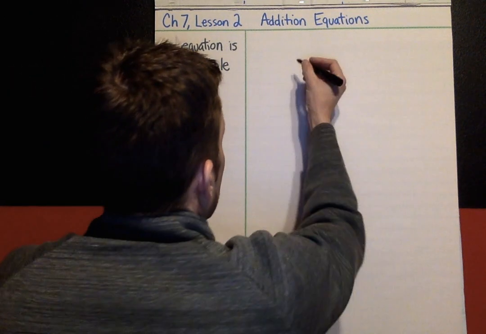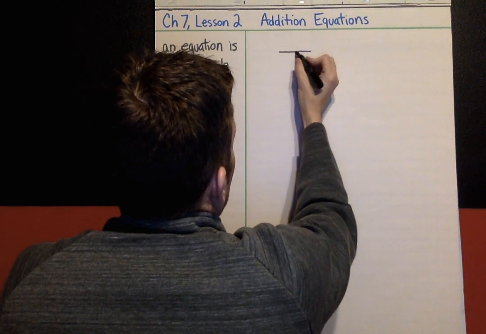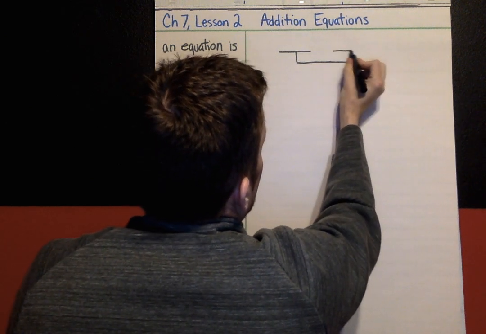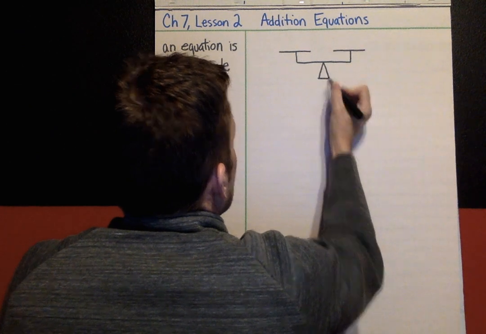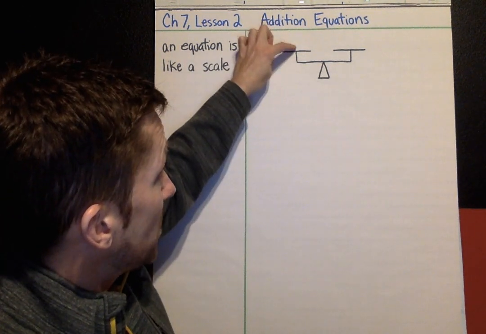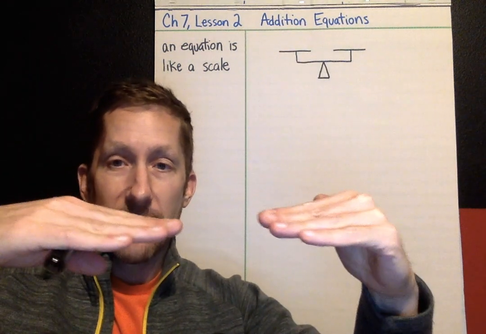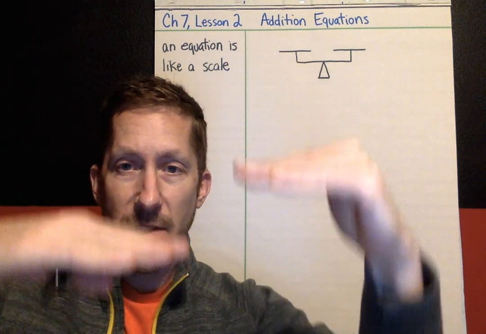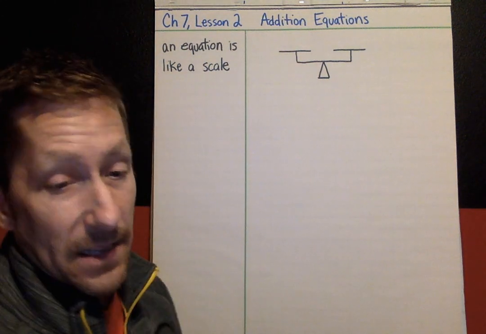One of these scales that you've probably worked with, a balance scale. Quick sketch. It's one of these scales where you can put stuff on this side of the scale and on this side of the scale, and if it's balanced, it looks like that. If one side is heavier, the scale is going to do this. But when it's balanced, it's going to look like this.